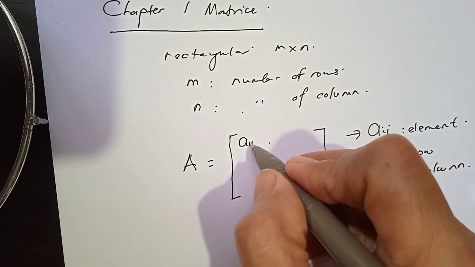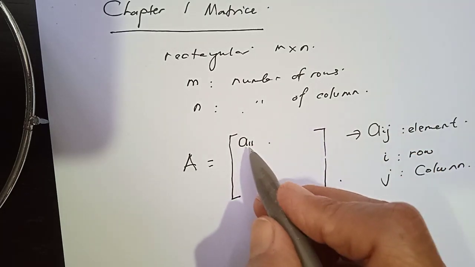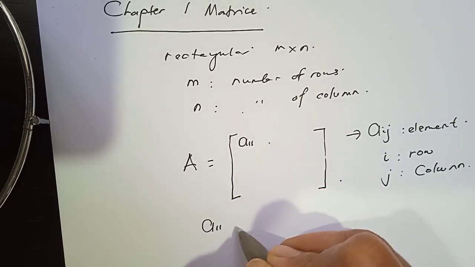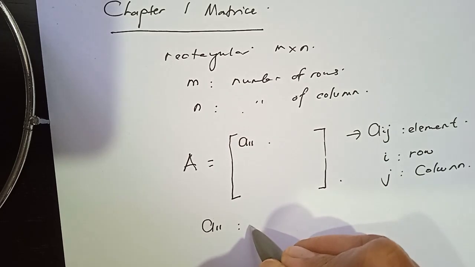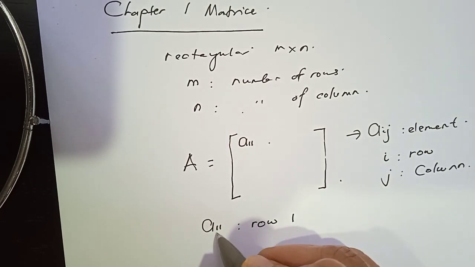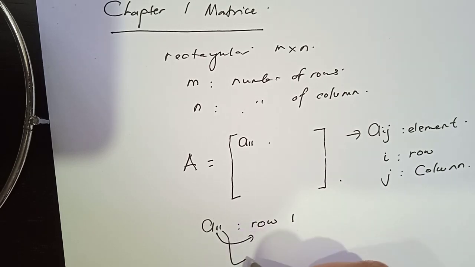So A11 means that A is placed at row 1 and column 1.